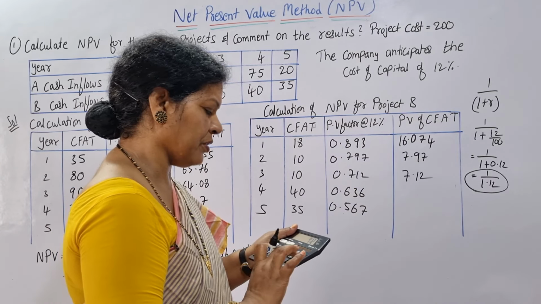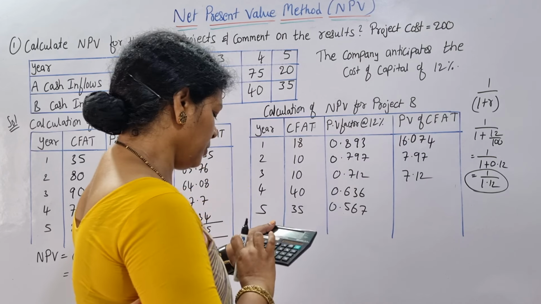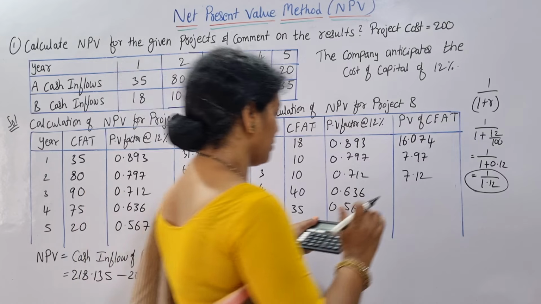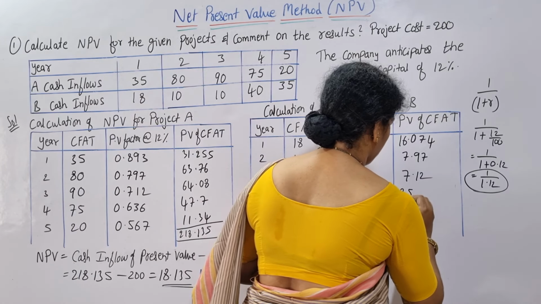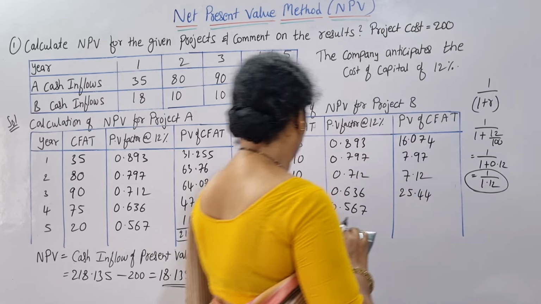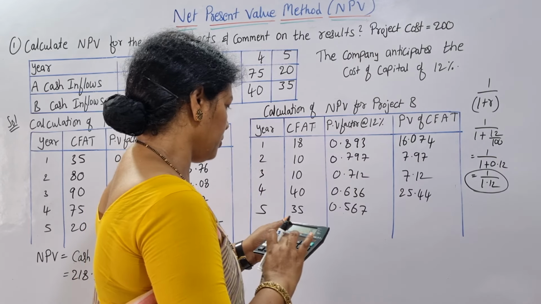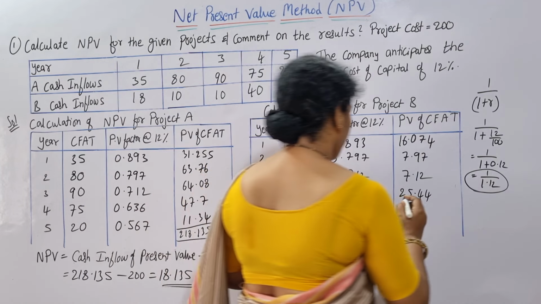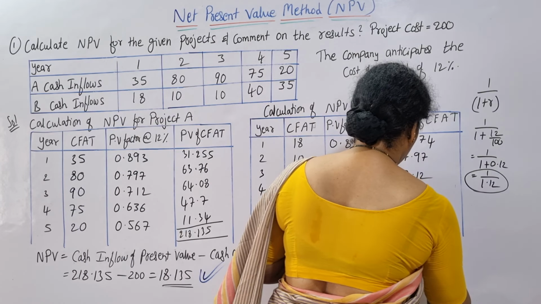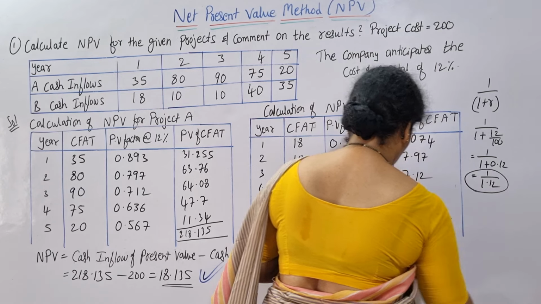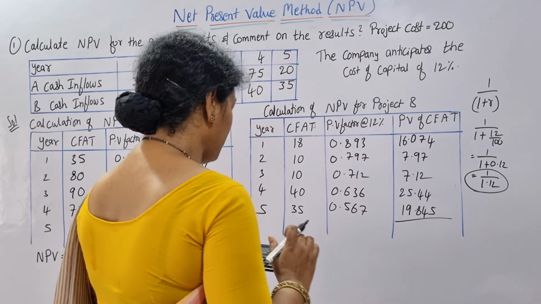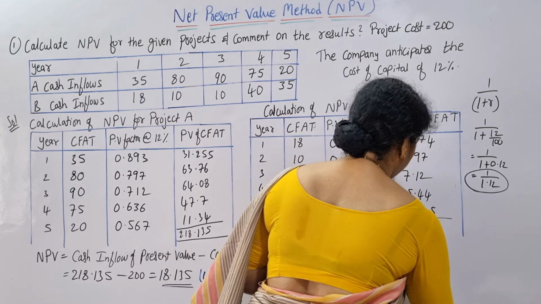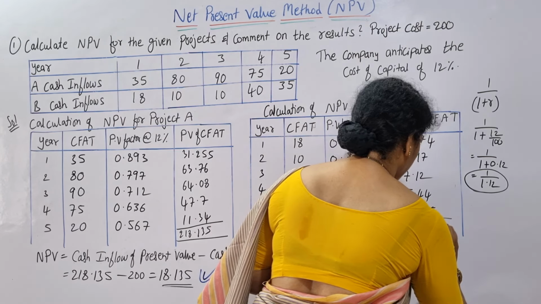I'll just add it. Next, 40 into 0.636 is 25.44. Last one, 35 into 0.567 is 19.845. So total up, we are getting 76.449.